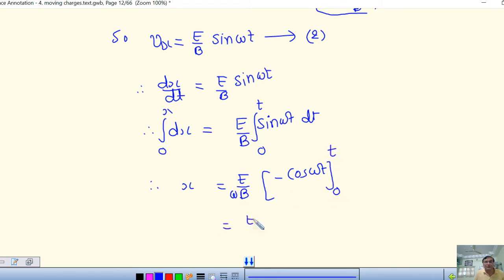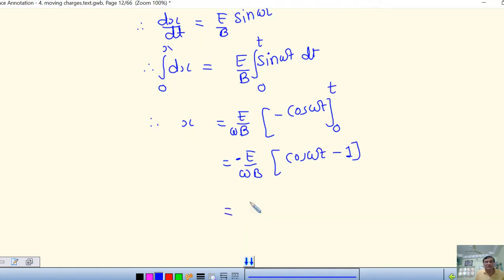So this is e upon omega b. The upper limit is t, the lower limit is 0, so cos omega t minus cos 0, which is 1. I take the negative sign inside. So I get e upon omega b times 1 minus cos omega t.